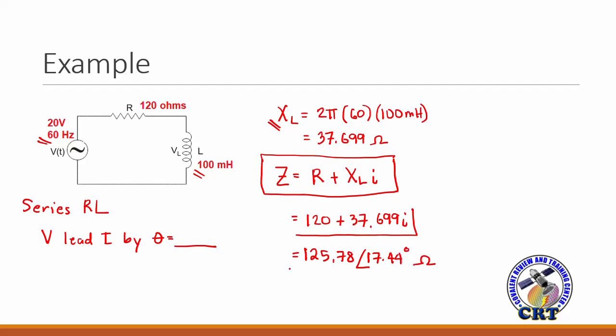This is in ohms. Therefore, our impedance is 125.78 ohms and the theta is 17.44 degrees. Meaning V leads I by 17.44 degrees.